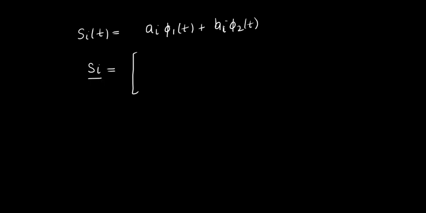That you appreciate or not? What was your SIT? बताओ, ऐसे था ना? You can write this in a vector form like this, where ai is the weight of phi 1 t, bi is the weight of phi 2 t, or in other words projection of Sit over phi 1 t and projection of Sit over phi 2 t.